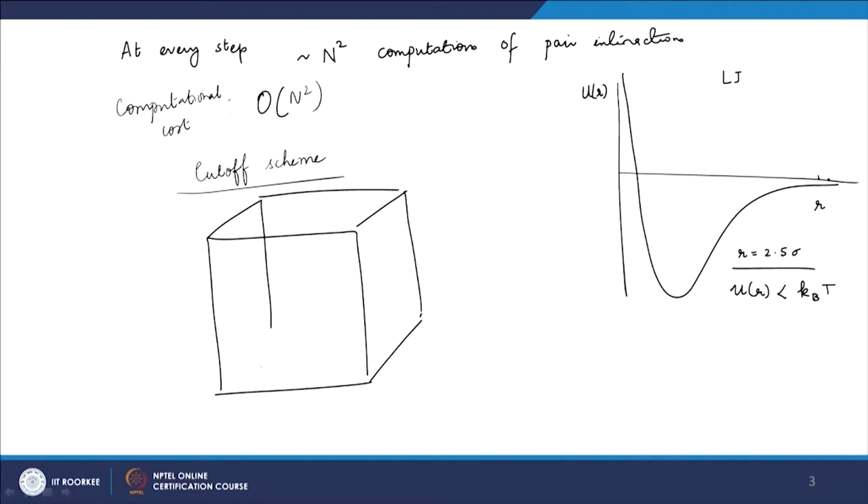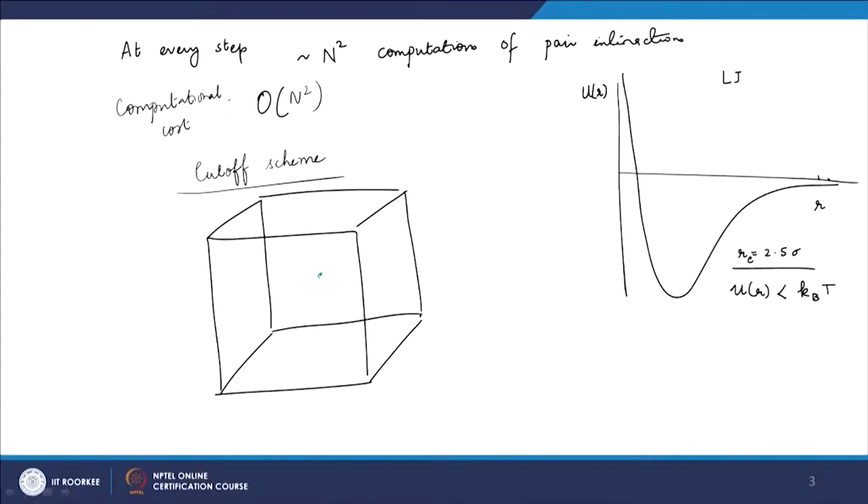So, what this means is I need not look at all the pairs of particles in the system. We can only look at the particles which are within a cutoff distance, which can be set as, for example, 2.5 sigma, because beyond this cutoff, in any case the interactions are very small, right. So, for every particle I will draw a small volume RC.